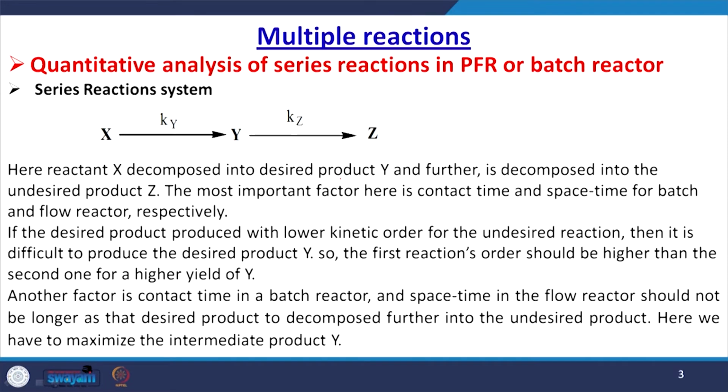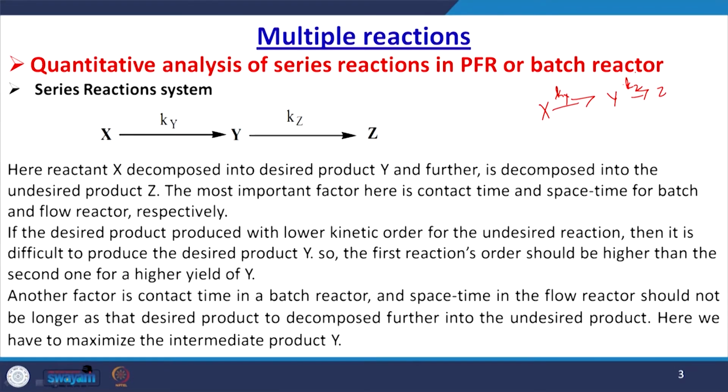Now as you recall, we had a discussion about the series reaction system where we have X converted into Y converted into Z with the independent rate constants as we are representing over here. In an elaborative manner, X is decomposed into the desired product Y and further it is decomposed into the undesired product Z. The most important factor here is the contact time and the space time for batch and flow reactor respectively.